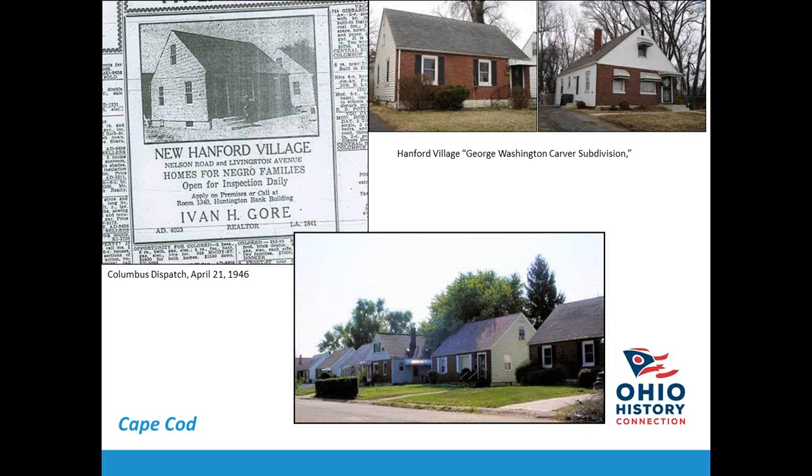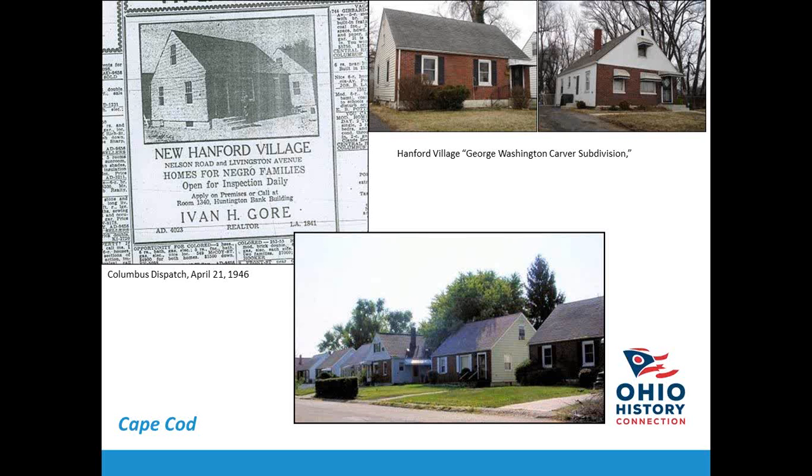The Federal Housing Administration guidelines advocated for protective covenants to be put on housing, and also, as we said, they discriminated against anything other than very traditional housing stock such as Cape Cods, and they also discriminated based on race and other factors.